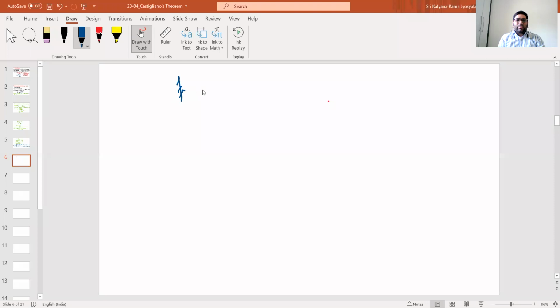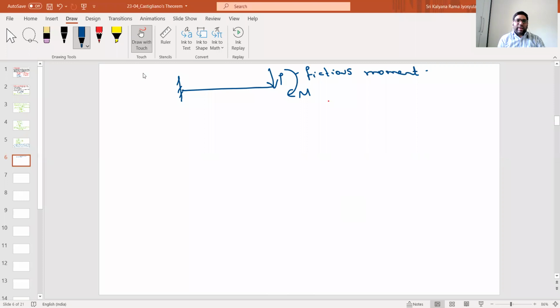So you have a cantilever beam with a load P and a fictitious moment M. It is actually not existing, but for our calculation purpose, we are trying to use it.